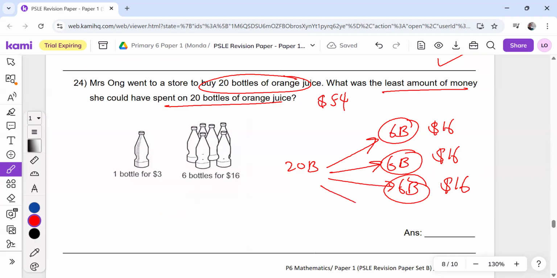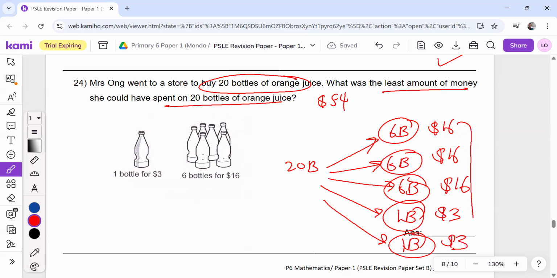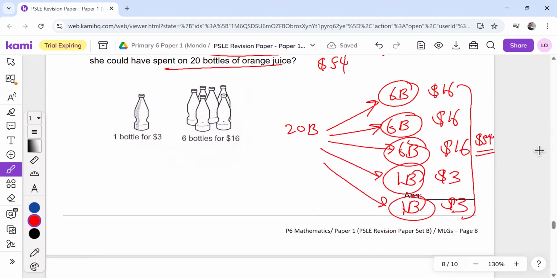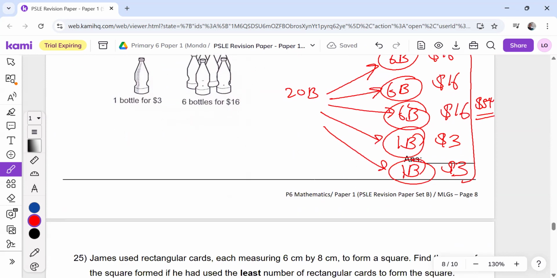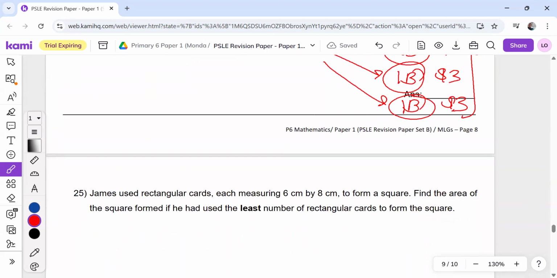Then you still have to buy another 1 bottle and 1 bottle, so it adds up to 20 bottles. 1 bottle is $3. Add all this money together and that gives $54 in total. Now this paper one, you have a good chance to get very high marks, hopefully not below 30. Below 30, you must revise your mistakes.